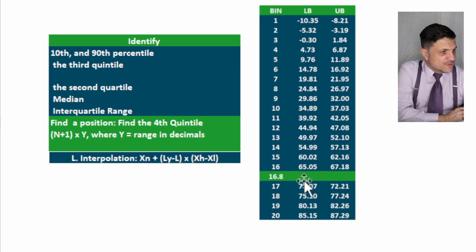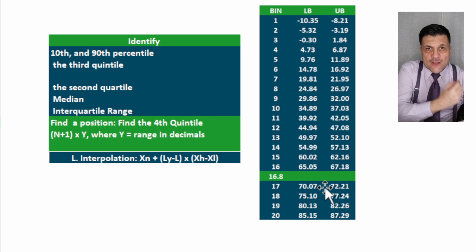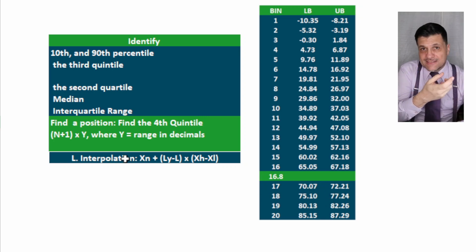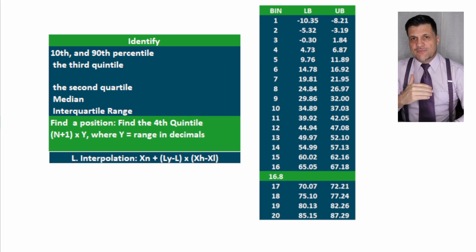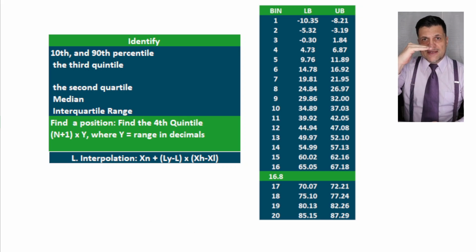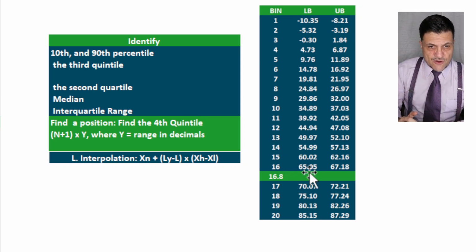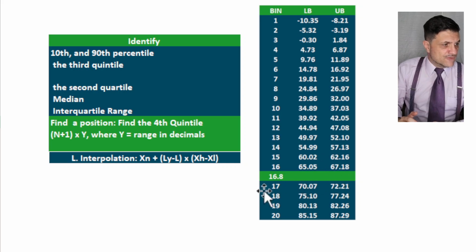Or here I could put 68 and here 69. Anyway, what I'm trying to show you is that you don't need to memorize the linear interpolation formula. Most likely in the exam, that's my prediction, the answers are going to be very well spaced. Just by looking at the answers, you'll be able to know which one would be the range for position 16.8.